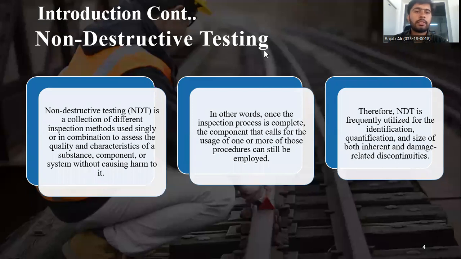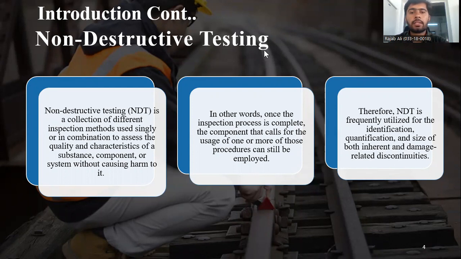What is non-destructive testing? Non-destructive testing is a collection of different inspection methods used singly or in combined systems to assess the quality and characteristics of materials and components without causing harm to them.